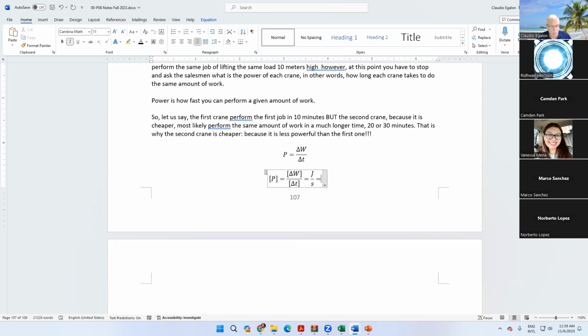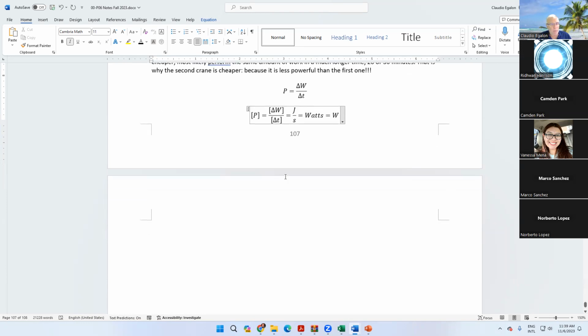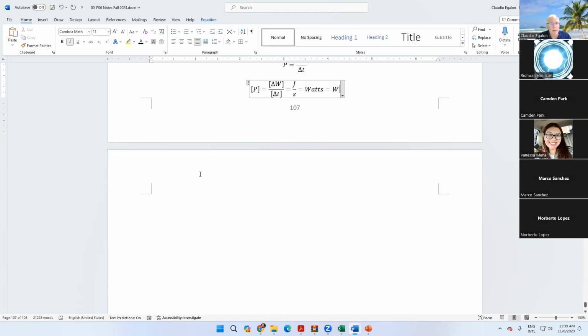This unit shows up so consistently in physics that we give it a name, we call it watts, and abbreviate it by the letter W. Do not mix up W for watts with the abbreviation for weight, W equal to mg, and work.